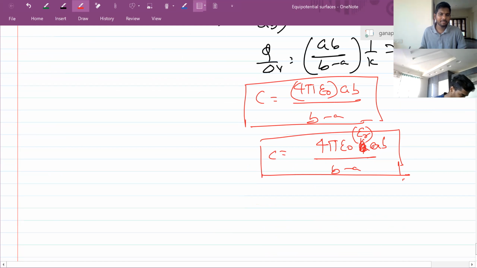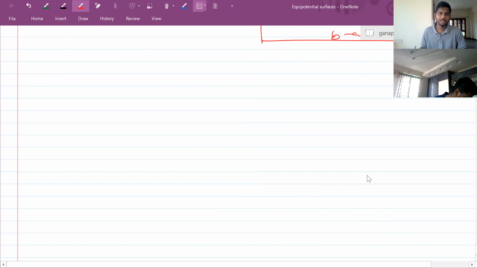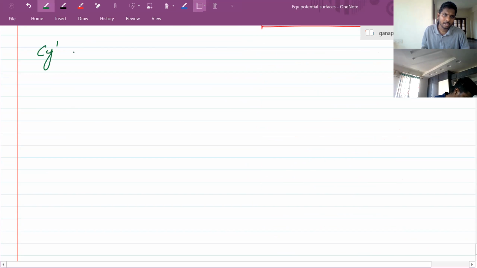Similarly, I'm not deriving now because that's not required for you, at least for NEET. You don't need to understand much here. I just made you solve it so that you understand how I'm writing this capacitance.